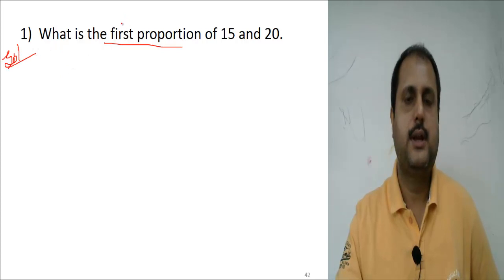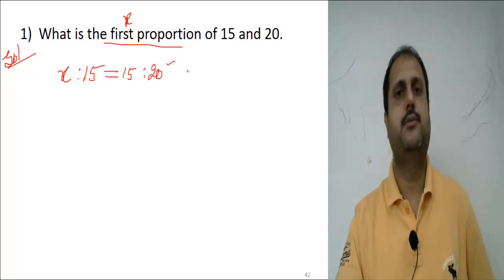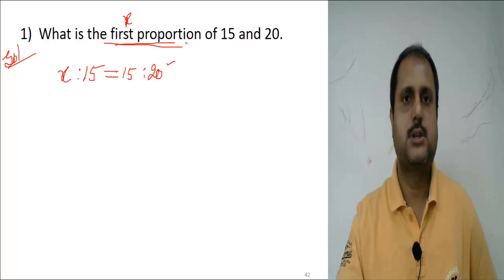Solution. Let the first proportion be x. So x ratio 15, and 15 becomes the mean proportion or the second proportion. Another 15 ratio 20. This will be the equation of the question, because it asks for the first proportion.